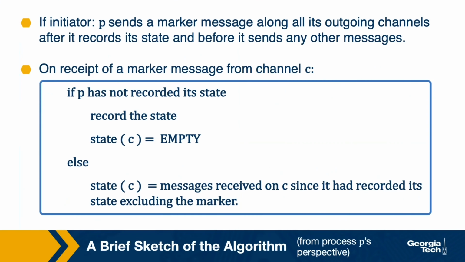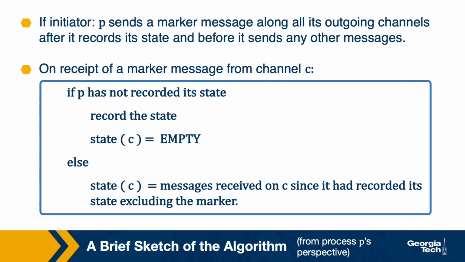With these assumptions, the algorithm that each node executes can be formally stated as follows. If a node is initiator, then P sends a marker message along all of its outgoing channels after it records its state and before it sends any other messages.